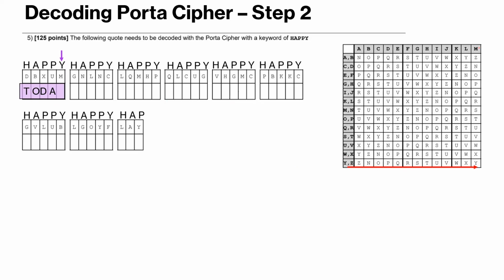The last column header is the one where we find M, which means the intersection of that row and column is Y. So M is encoded as Y.